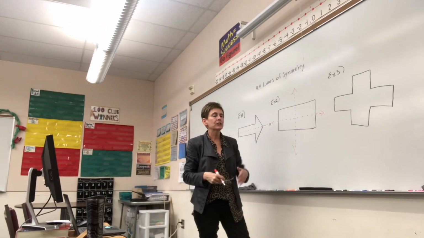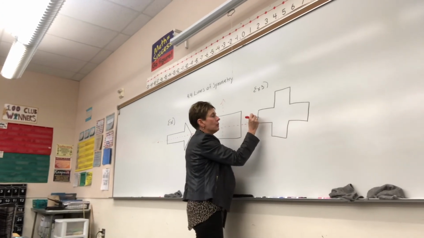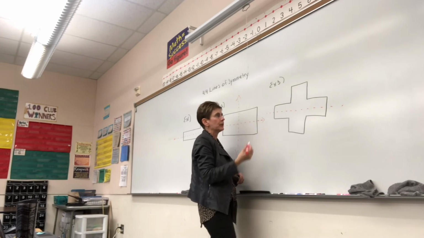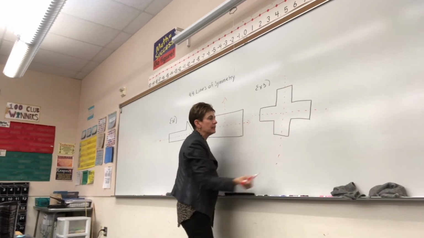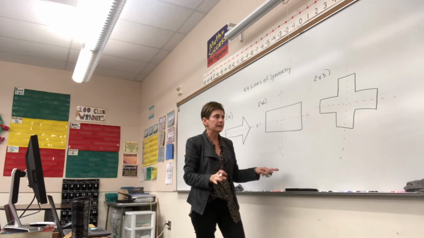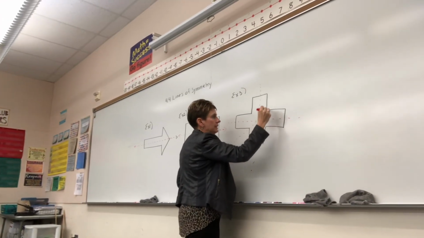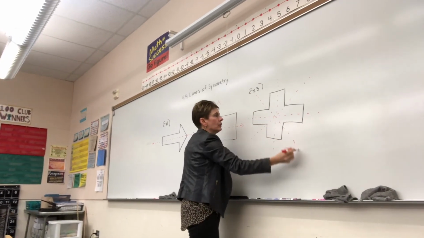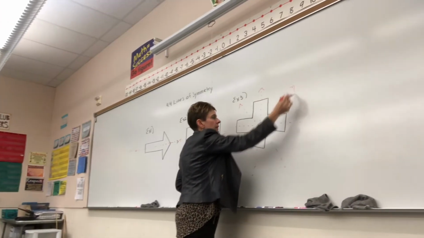This figure actually has several lines of symmetry. Many figures do. You can draw one line of symmetry horizontally like we've done on the last 2 figures. You can draw another one vertically, like we did with the rectangle. But because of the way this cross is laid out, you can also draw a line of symmetry through the diagonals. So there would actually be 4 lines of symmetry on this figure.